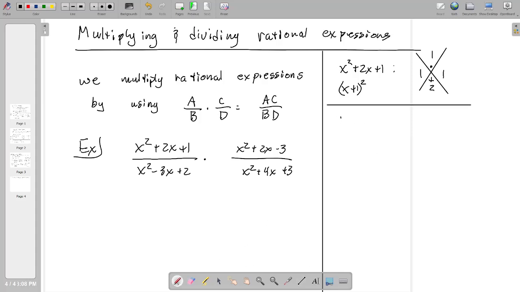Next, we're going to do x squared minus 3x plus 2, which will be the denominator of the first fraction. We need two numbers that multiply to 2 and add to negative 3. That will be negative 2 and negative 1.